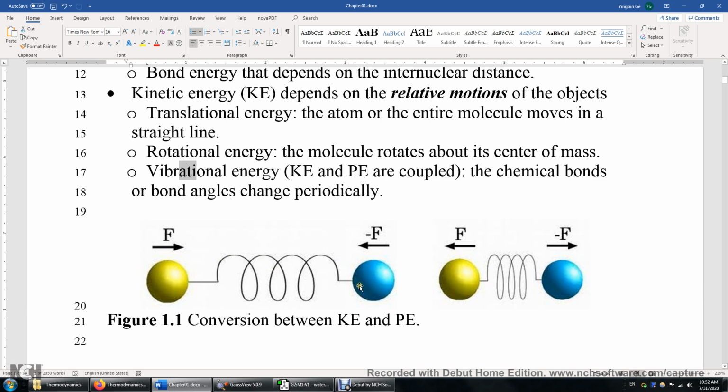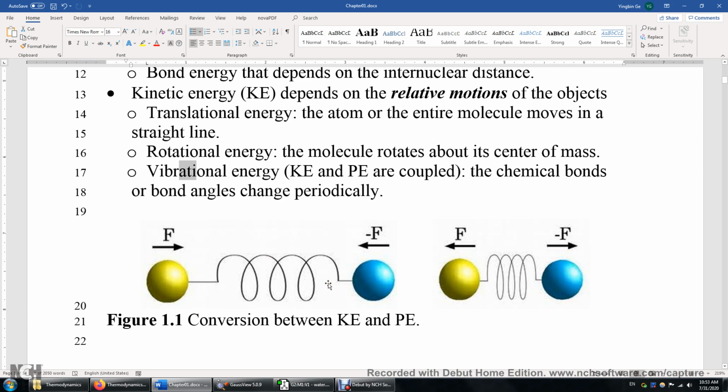When it's fully stretched or fully compressed, the kinetic energy of these two objects is exactly zero. And when this spring returns back to the equilibrium length or equilibrium position, the potential energy becomes zero.